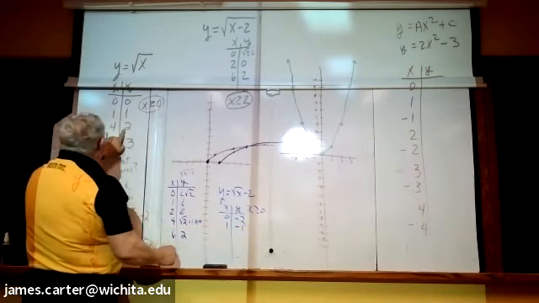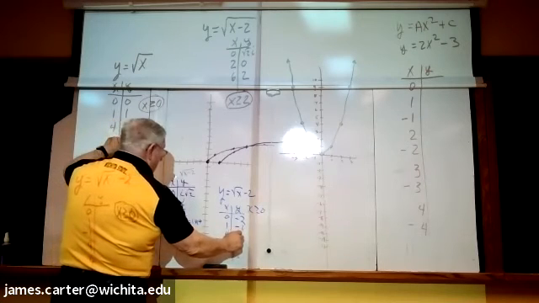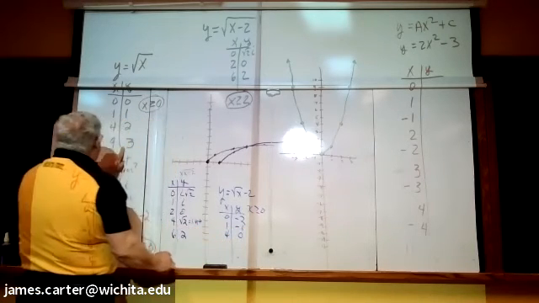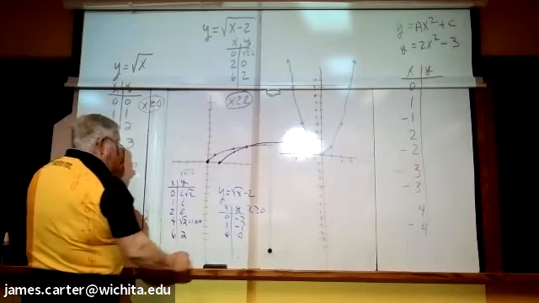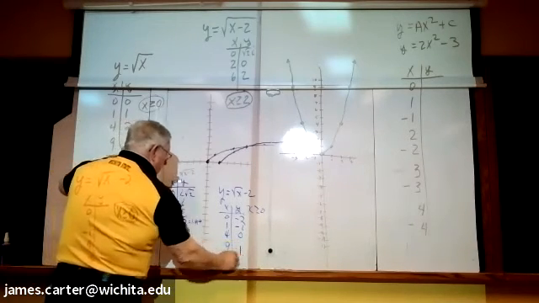If x is 4, then y is going to be 0. If x is 9, then y is going to be 1.